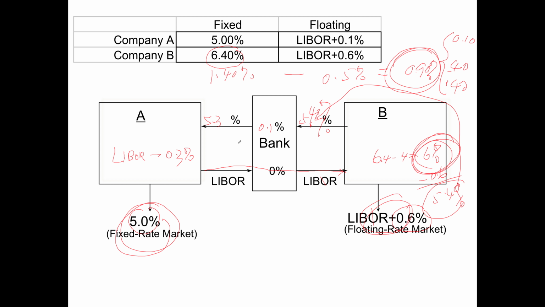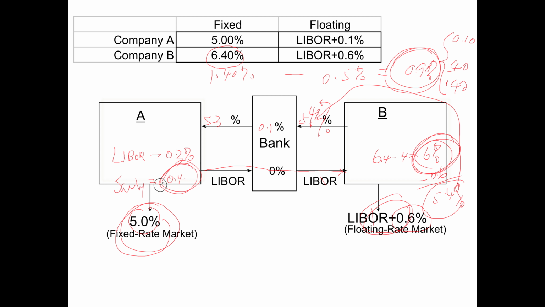So here, basically, we have already designed the swap. Now, the fourth step is checking to see if it is correct. So let's check A. A's market alternative is LIBOR plus 0.1 minus LIBOR minus 0.3. The saving is 0.4.